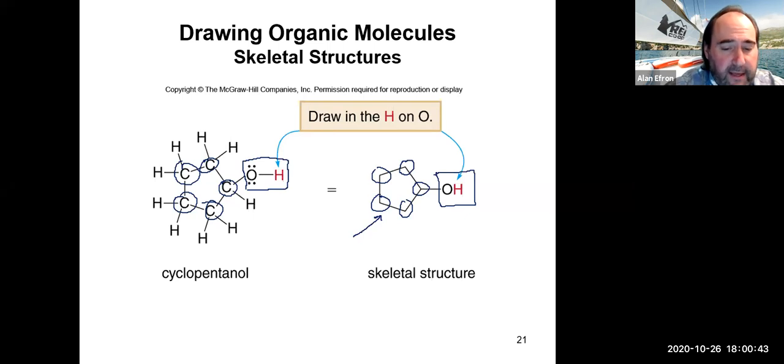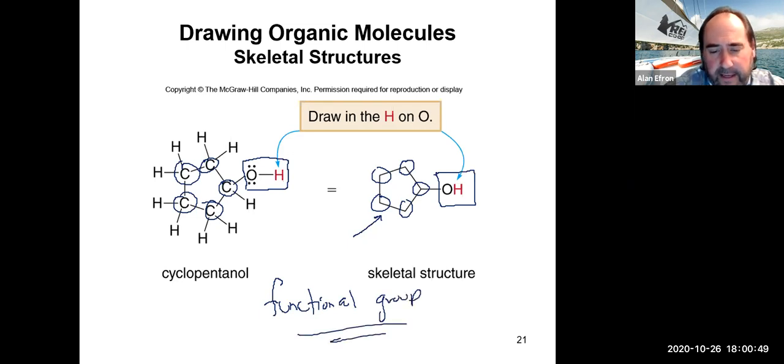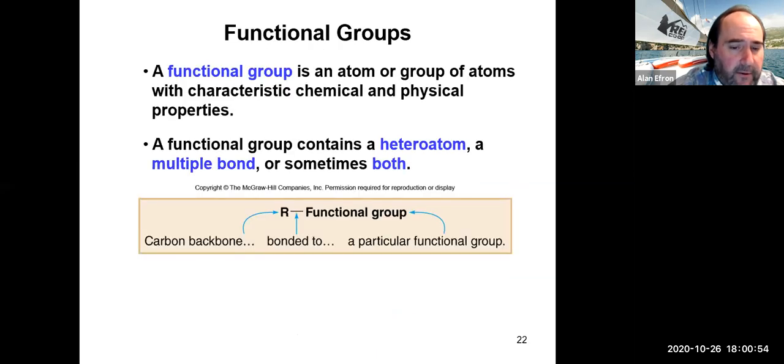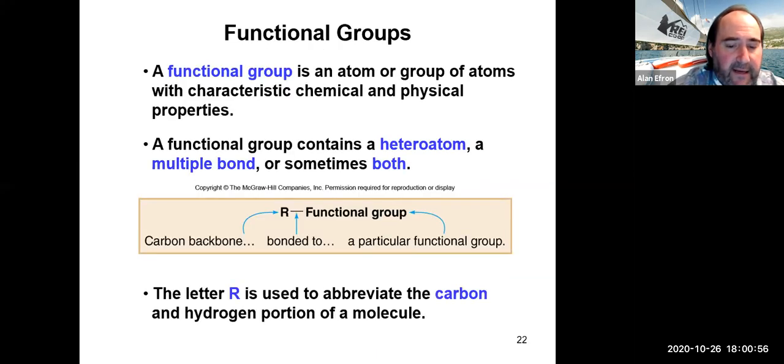What makes all these organic molecules different is what is known as the functional group. As I mentioned before, the functional group is the part of an organic molecule which allows it to be identified as a certain type of organic molecule. That's what you really want to look at: you need to be able to identify, okay, that is the functional group for an alcohol, so I'm dealing with an alcohol, or that's the functional group for an aldehyde, so I'm dealing with an aldehyde.